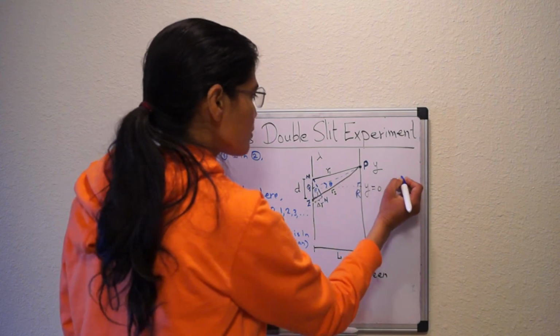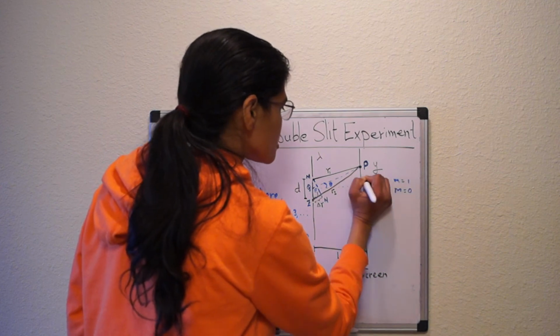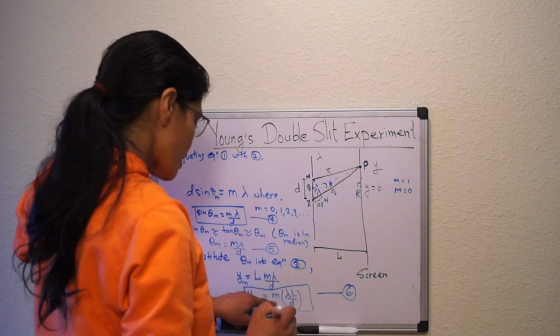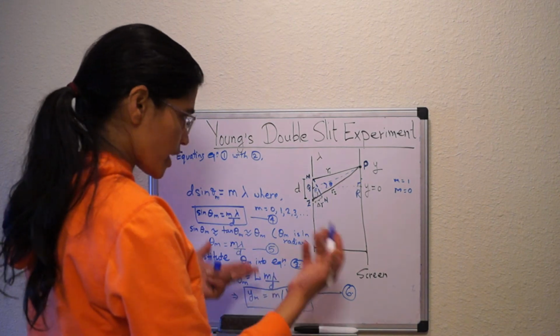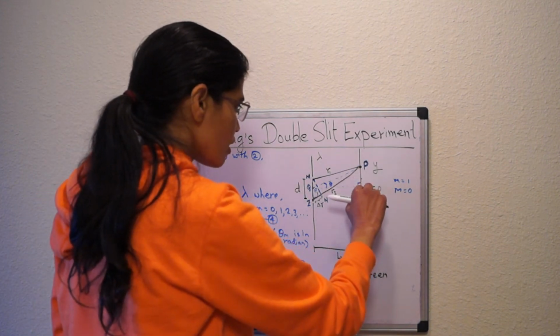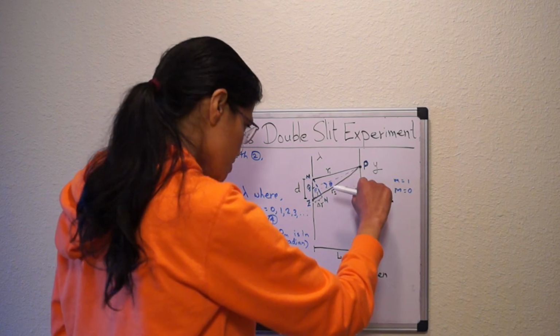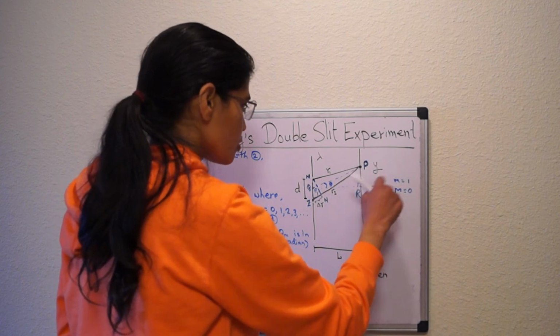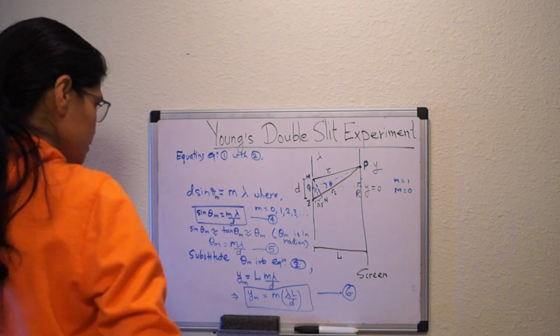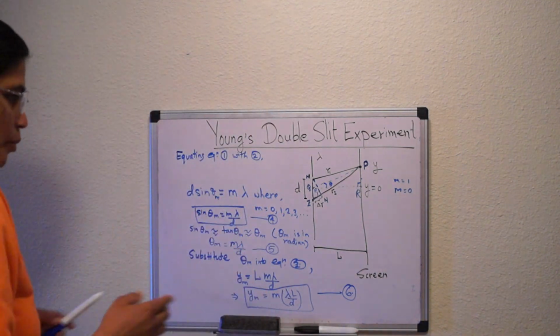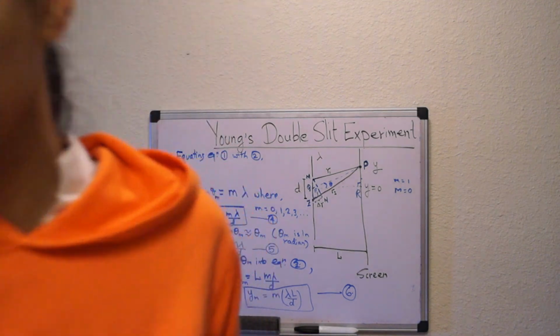Then m equal to 1 would be somewhere around here, and that would be y1 equal to 1 times lambda L by d. That will tell us how far away the fringe corresponding to m equal to 1 is from this center fringe. Please take a moment to look at that.